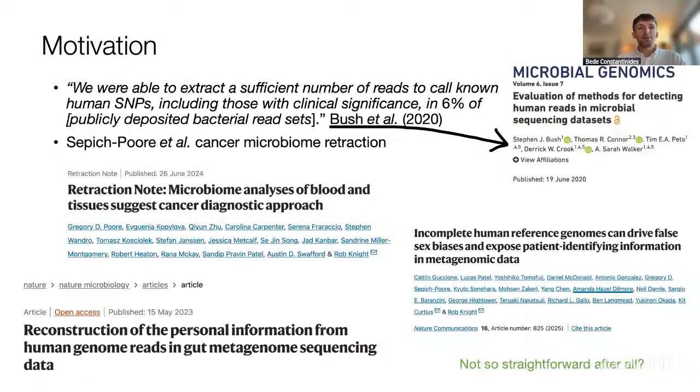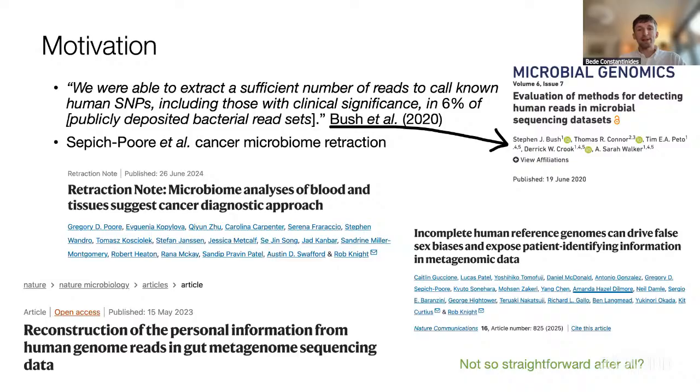If you're wondering why we should care about this, you can point to a great deal of evidence suggesting that host depletion is being done poorly and can cause quite practical problems. Stephen Bush did a study of bacterial reads in public databases and found that 6% of bacterial read datasets contained enough human sequences to reveal sensitive genetic information about the host human individual, such as their genetic disorders and likelihood of developing certain diseases.